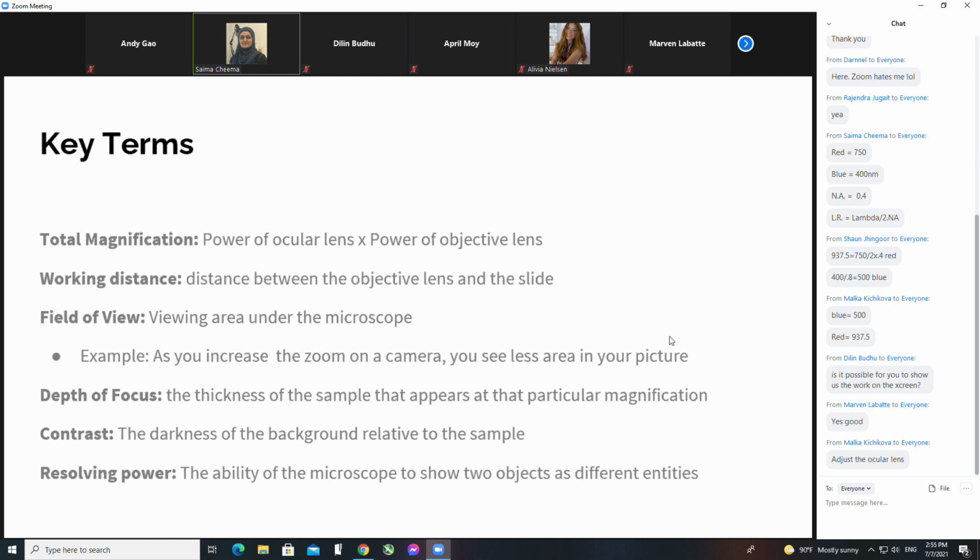Okay, and the contrast, in terms of bacteria, we're going to add stains to increase contrast. Generally, if you have a brightly lit background and you have microbes that don't really have any color to them, they're colorless, they're translucent, the light passes through them and it bleaches out the specimen, so you don't really see anything.